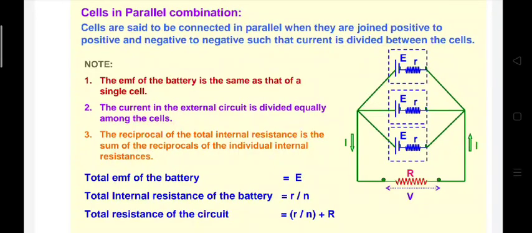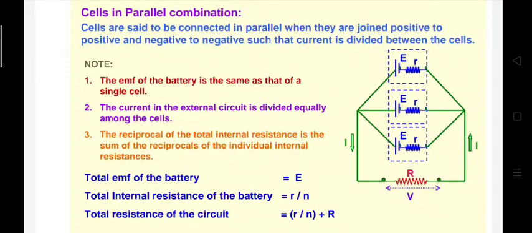The reciprocal of the total internal resistance is the sum of the reciprocals of the individual internal resistances. That is, 1 upon equivalent resistance will be equal to 1 upon r plus 1 upon r up to n upon r if there are n number of cells. So total resistance will be equal to r upon n.